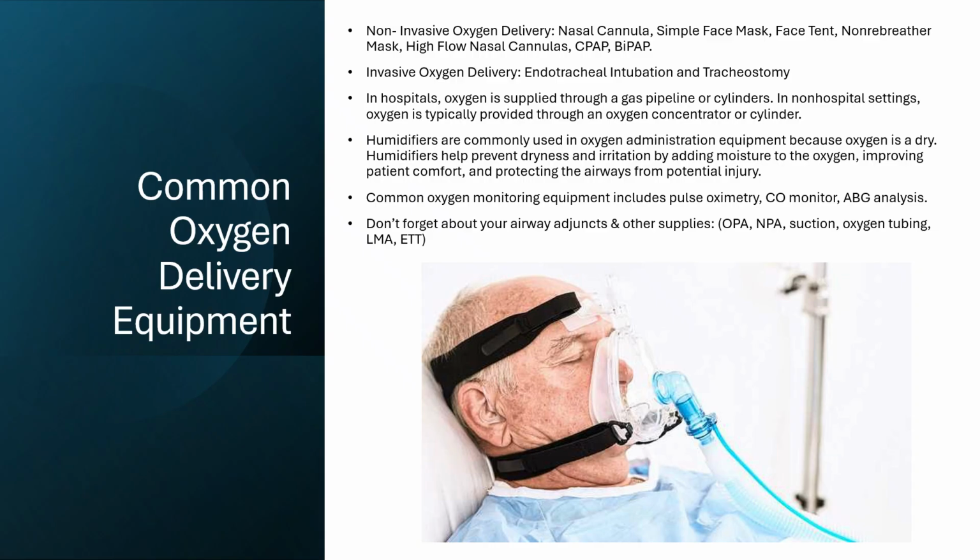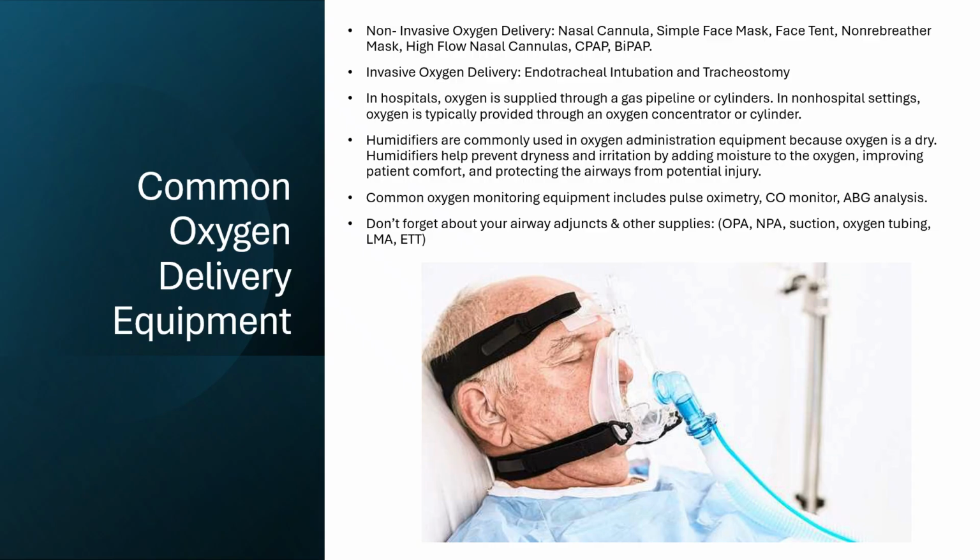So if you're going to deliver some oxygen, what are some equipment that you might need? So first of all, we're going to look at some non-invasive oxygen delivery devices. So that would be like your nasal cannula, your simple face mask, face tent, a non-rebreather mask, high flow, CPAP or BiPAP. Those are non-invasive.